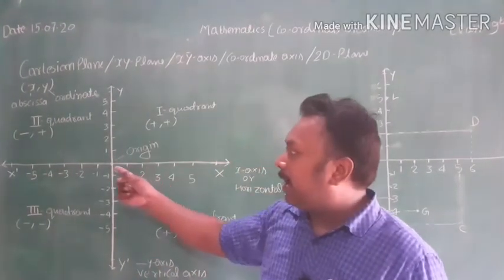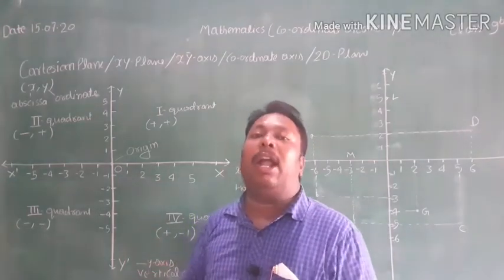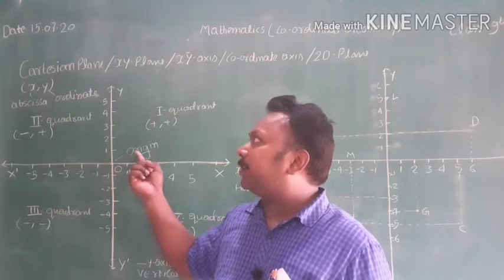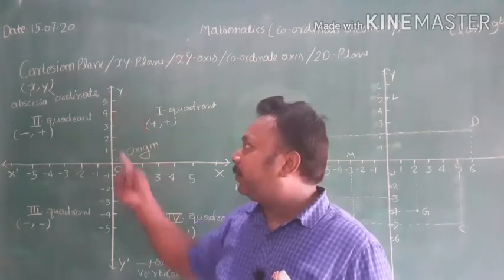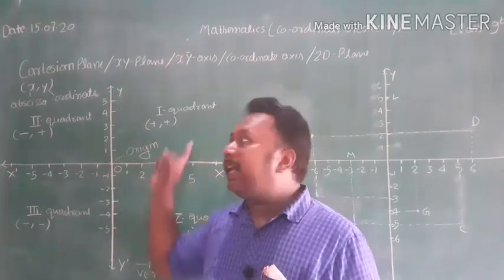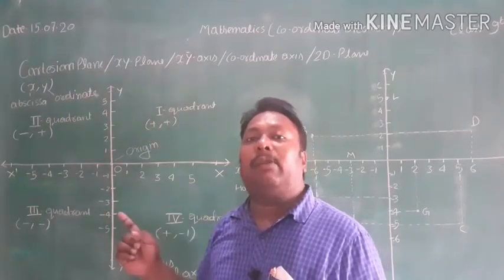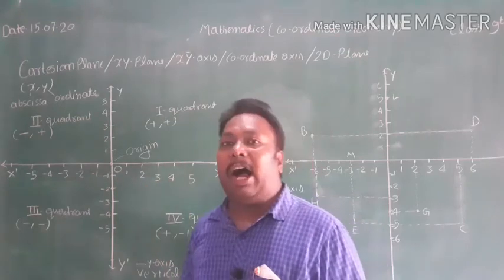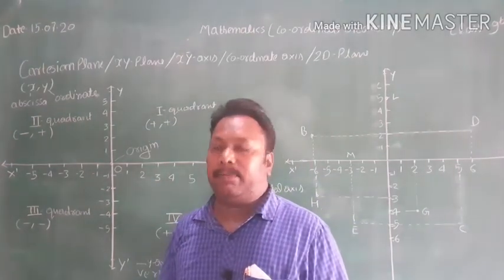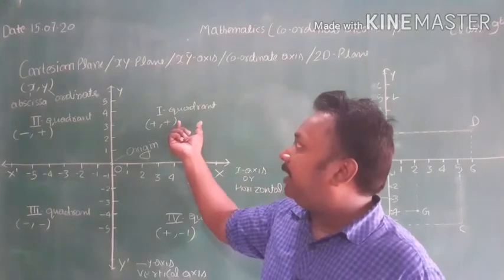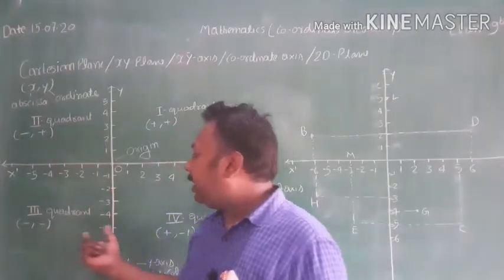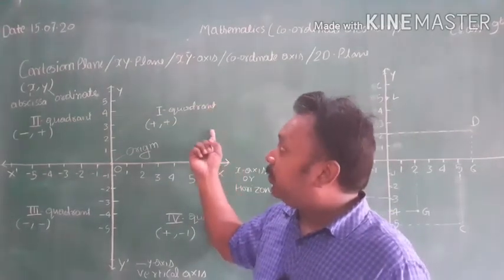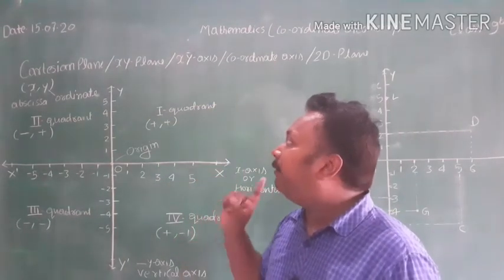These two axes intersect each other perpendicularly at a point O. O is called origin, and these two coordinate axes divide the whole plane into four equal parts, 1, 2, 3, 4, and these four parts are called quadrants. So this is the first quadrant, second quadrant, third quadrant and fourth quadrant. So a Cartesian plane has four quadrants.